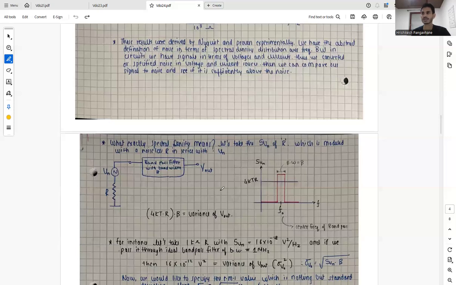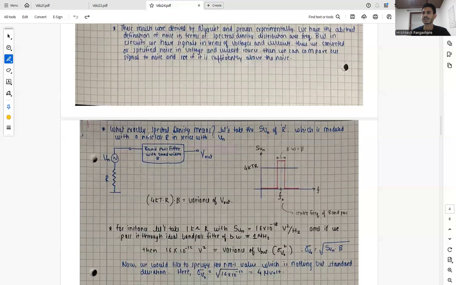So what exactly does spectral density mean? Let's take the SVn for the resistor R, which is modeled with a noiseless resistor in series with a Vn, which is due to its noise. When this is passed through a band pass filter or any system, let's say the system is a band pass filter with a bandwidth of B, and Vout is taken.